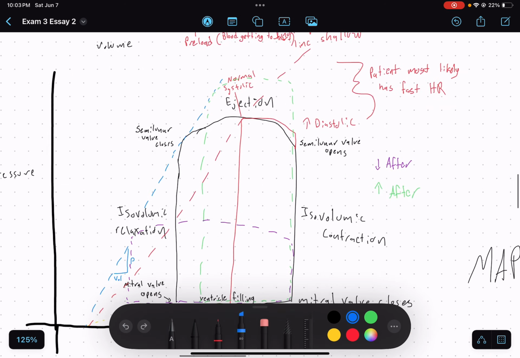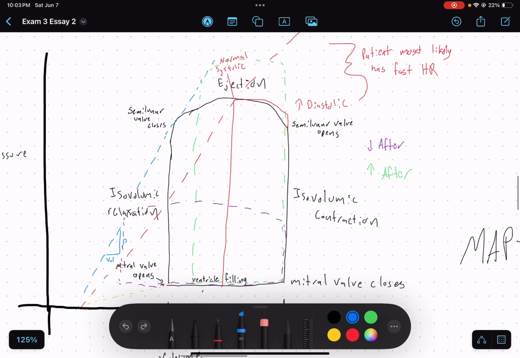But as we see here, with the normal inotropic line, if we increase our afterload, then we're going to have less volume.